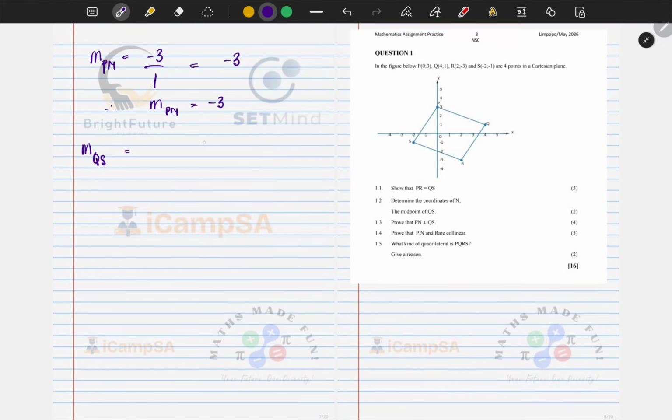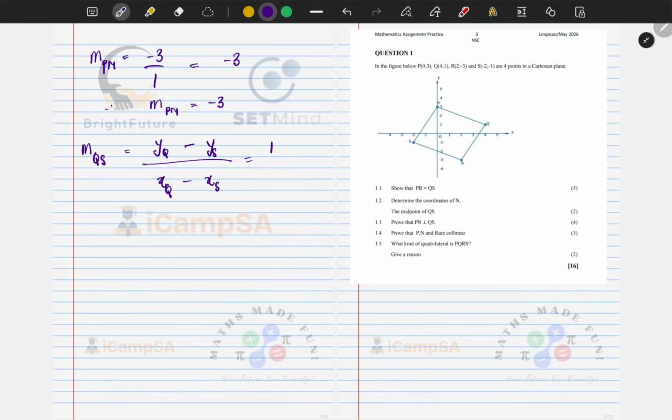And for QS, this is going to be your y for Q minus your y for S, all over your x for Q minus your x for S, right? Remember what the coordinates were? You can just look over here.